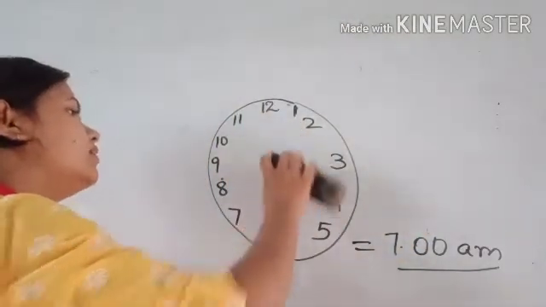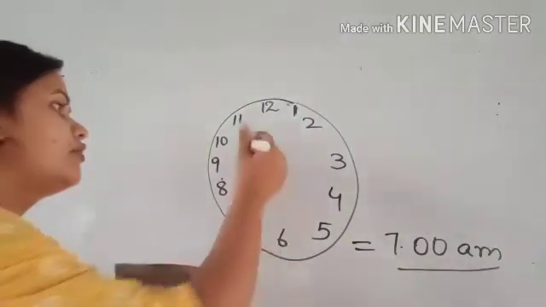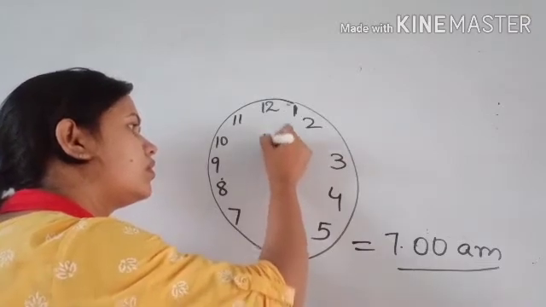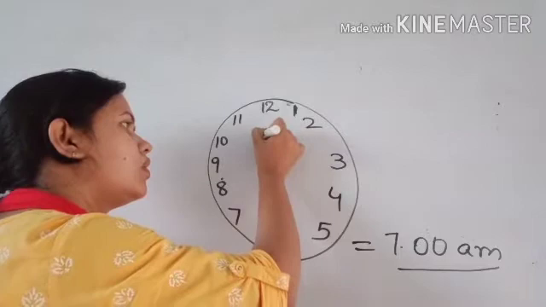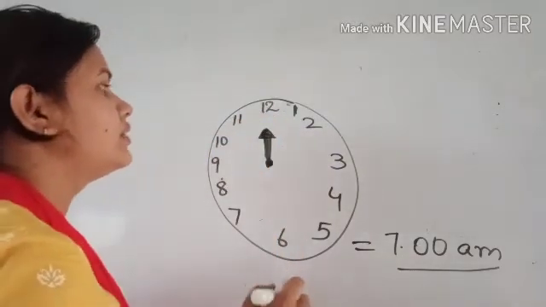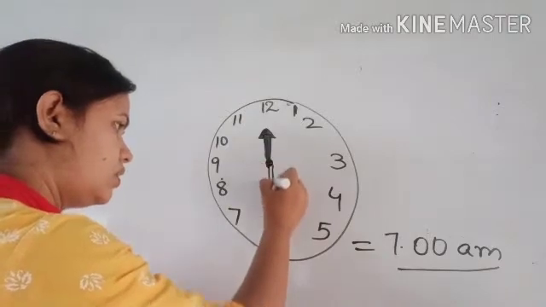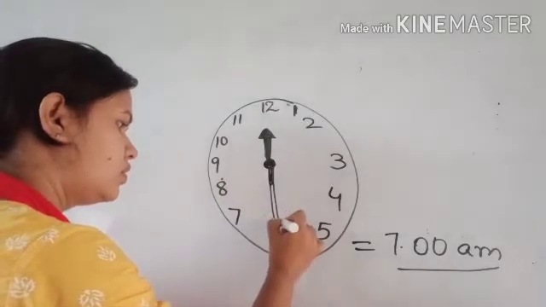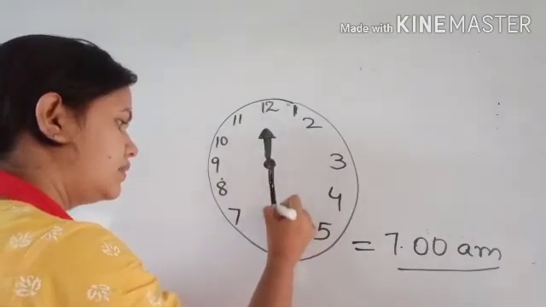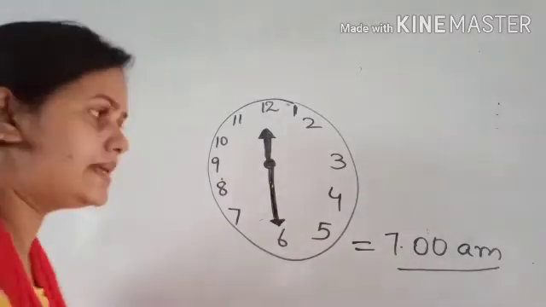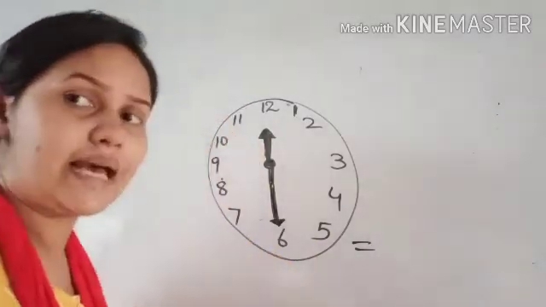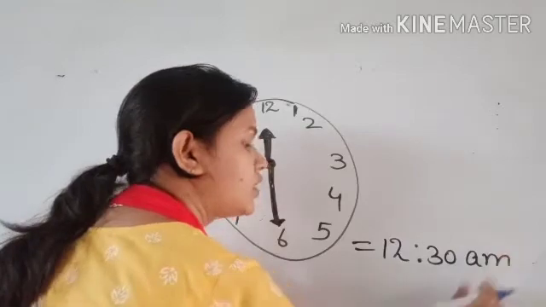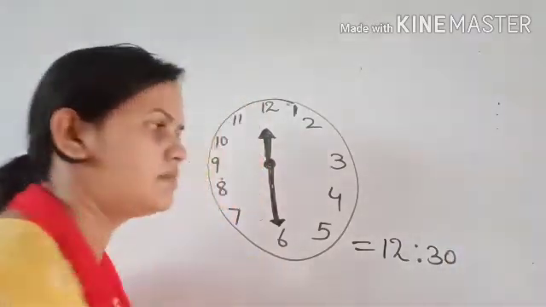Again we will make a new clock with a small hand, and the long hand is on 30. So we can simply see that the recess timing is 12:30 p.m. because it's afternoon time.